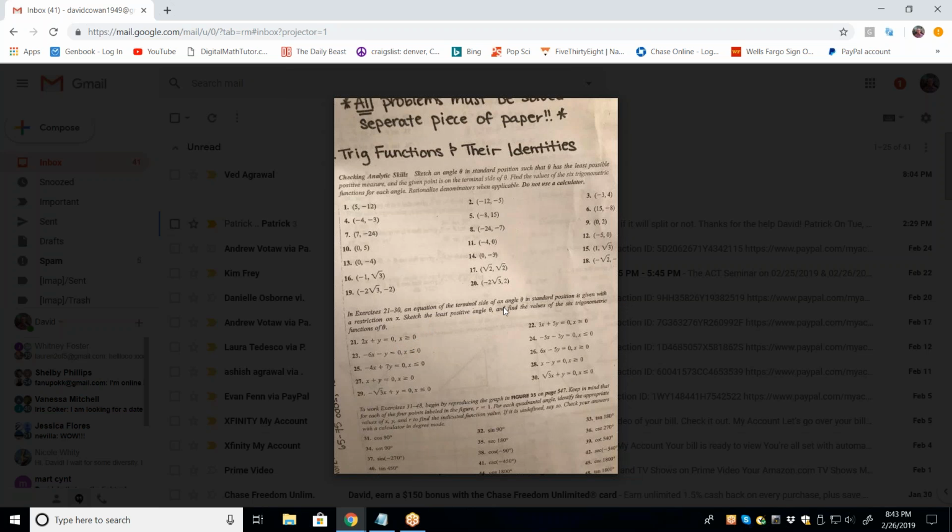I'm not sure what these equations of the terminal side mean. How do you have an equation of a terminal side unless they're talking about the equation of the line that's vertical to the x-axis? I don't know. That might be what they're talking about. And that would have an equation, but it would be like x equals a number.